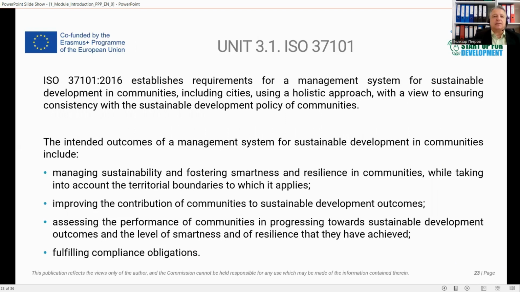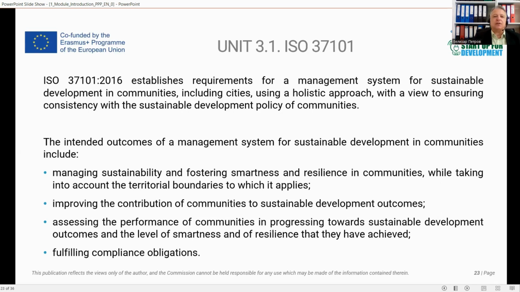The first standard, ISO 37101, establishes requirements for a management system for sustainable development in communities, including cities, using a holistic approach with a view to ensuring consistency with the sustainable development policy of communities.